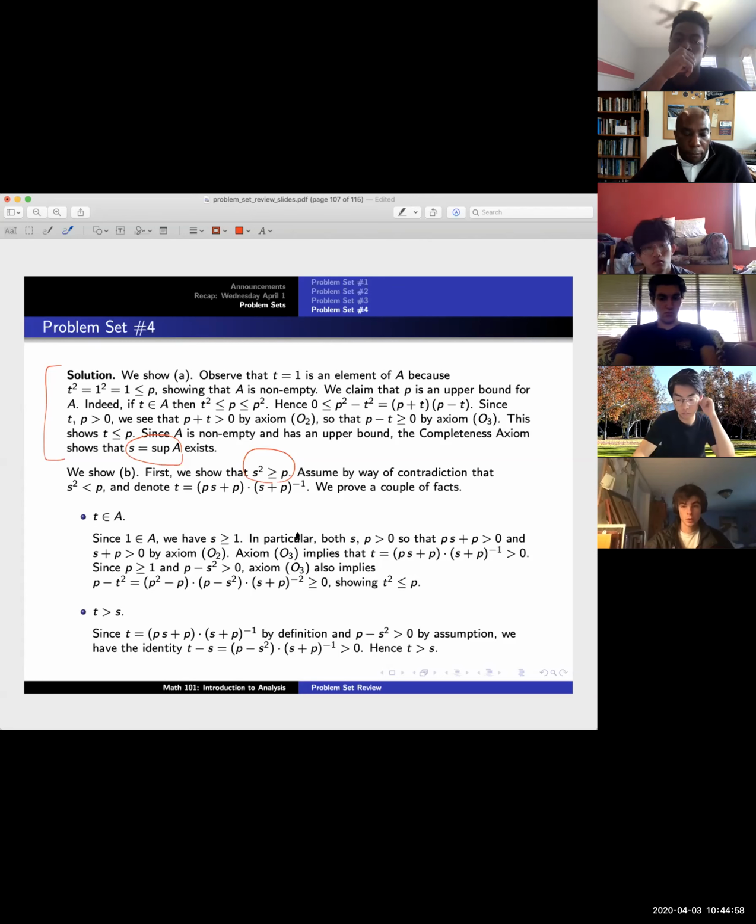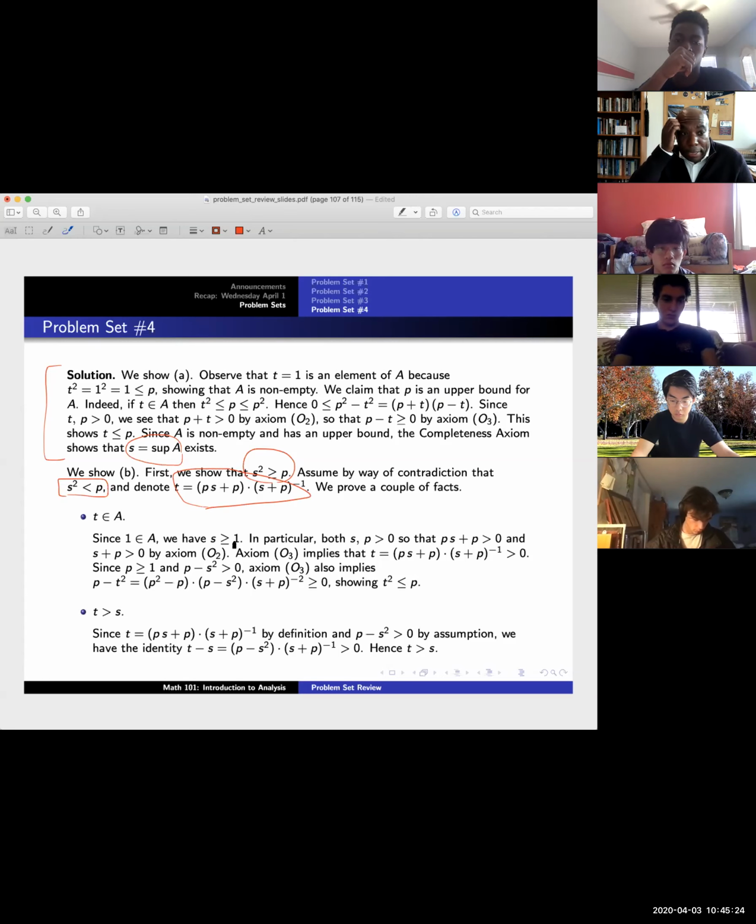We'll do this by way of contradiction. So assume for the moment that S squared is actually less than P. Again, S will be our supremum. S squared is less than P. And if that's true, now I'm going to cleverly define this new quantity, T. T here is (PS plus P) divided by (S plus P).